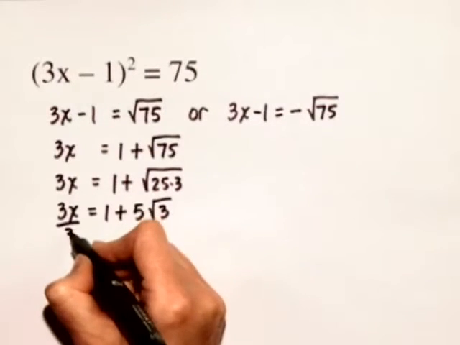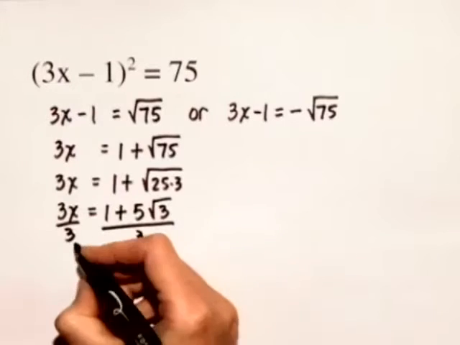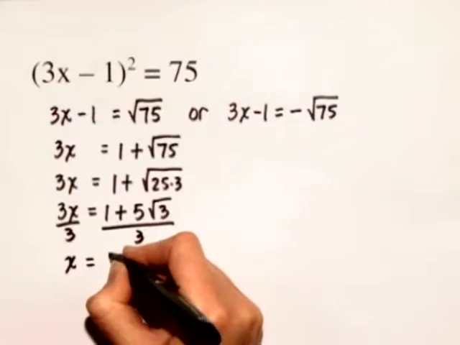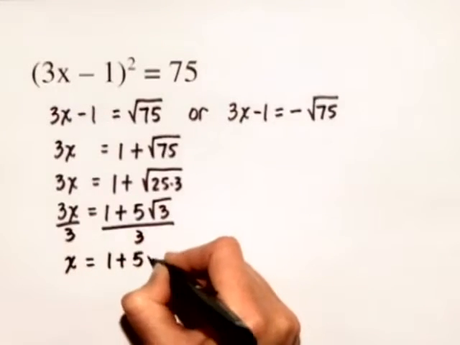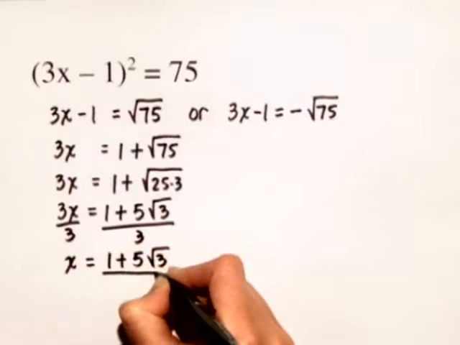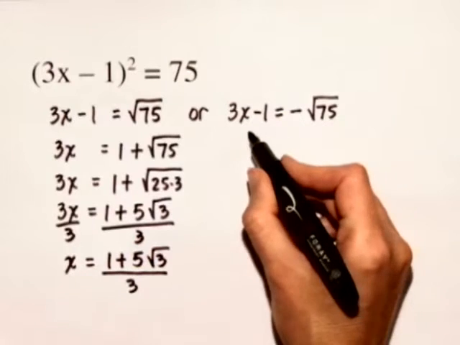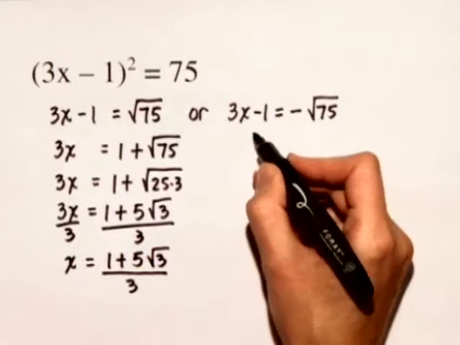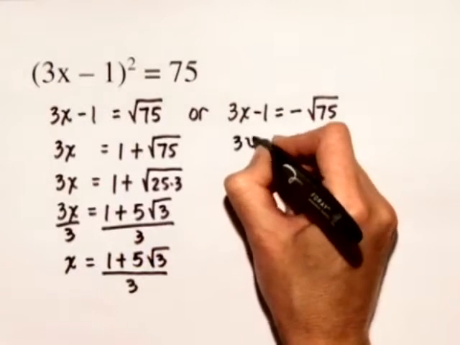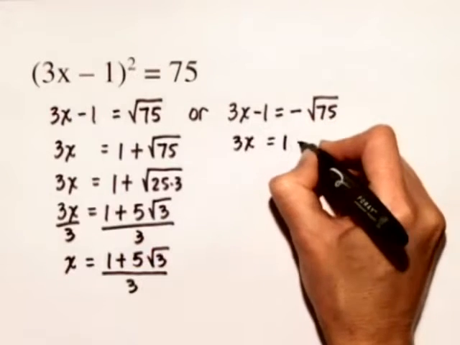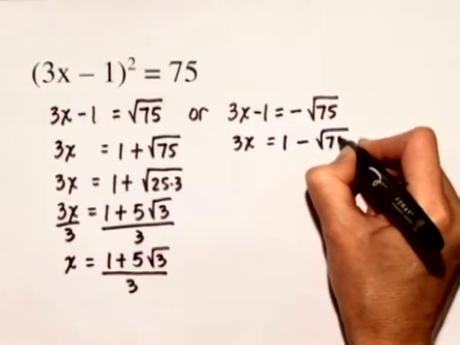And we'll divide both sides of this equation by 3. So x is equal to 1 plus 5 times the square root of 3, all divided by 3, is one of our solutions. Let's go to the second equation. We'll add 1 to both sides, and we have 3x is equal to 1 minus the square root of 75.